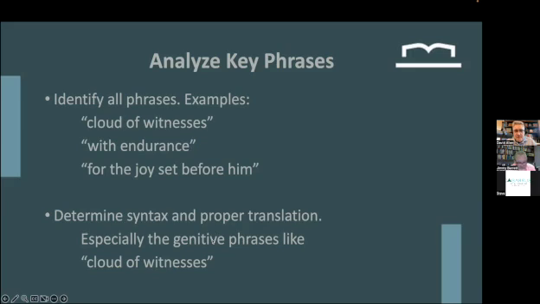And so we want to determine the syntax and proper translation of any phrase. Make sure we understand cloud of witnesses, what the phrase "with endurance" means, what the phrase "for the joy set before him" means, and how these phrases are used in their clauses. All right, so this is the step of analyzing key phrases.